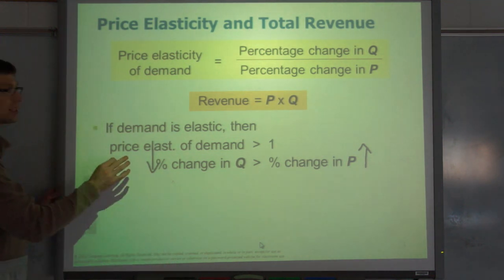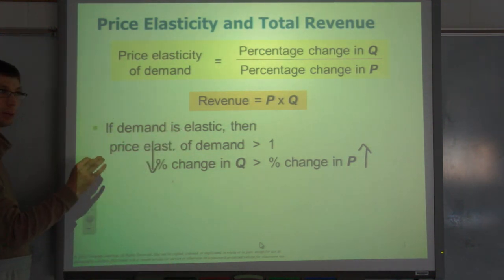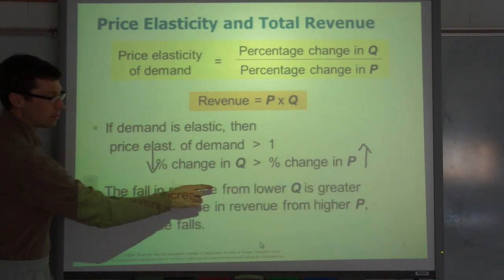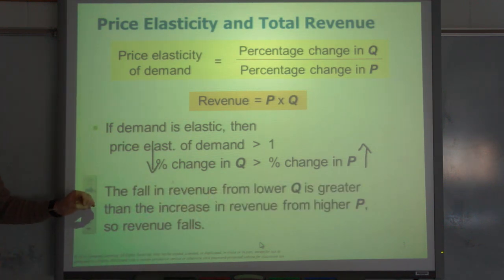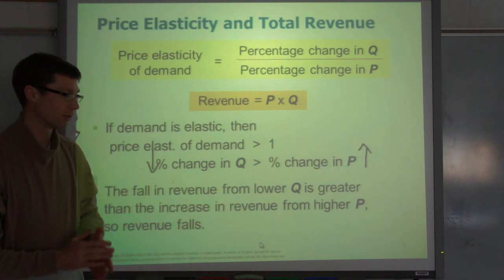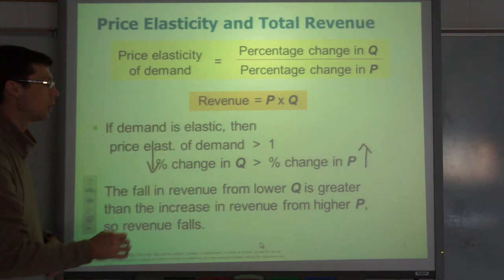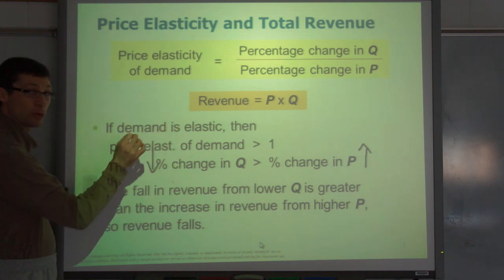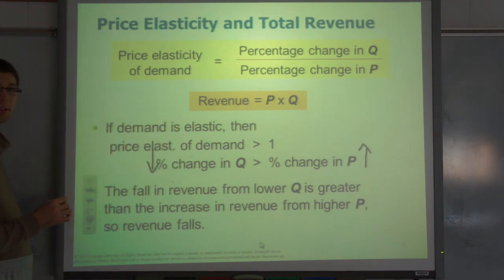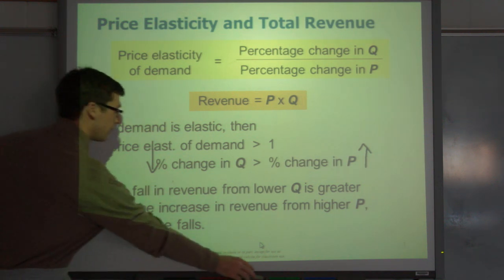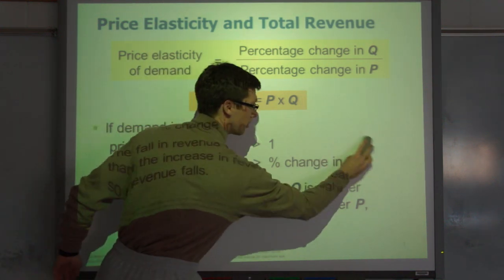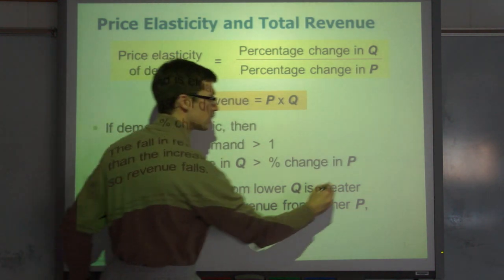So if we are facing an elastic demand curve and we choose to increase the price, you will see the fall in revenue from the lower quantity outweigh the increase in revenue from the higher price. So the total effect on revenue when you're facing an elastic curve and you raise the price is negative. Now, if we did the opposite, if instead of increasing the price, what if we decreased it?